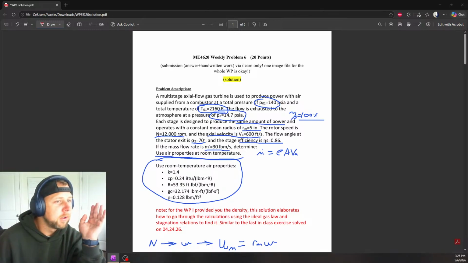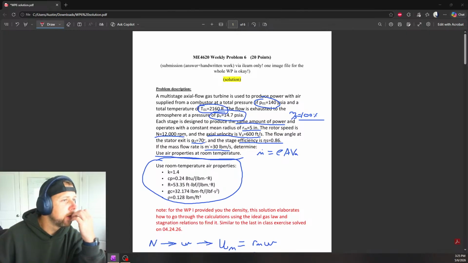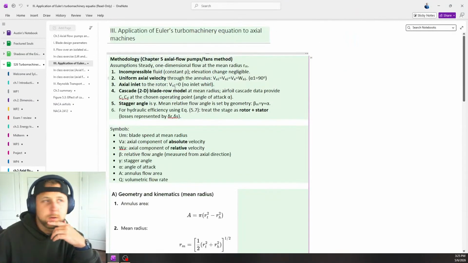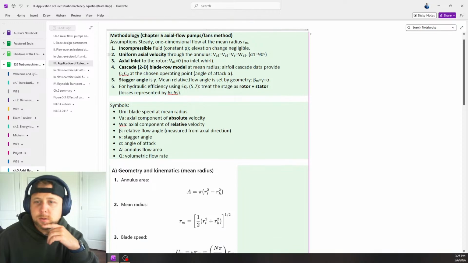Blade design. I'm looking. Don't kill me. Okay, actually, I can show you what I'm looking at right now. So, application of Euler's.